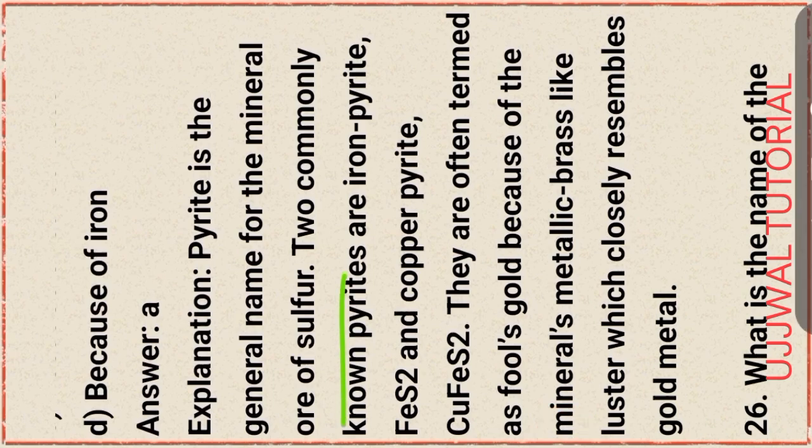Two commonly known pyrites are iron pyrites, FeS2, and copper pyrites, CuFeS2. They are often termed fool's gold because of the mineral's metallic brush-like luster which closely resembles gold metal.